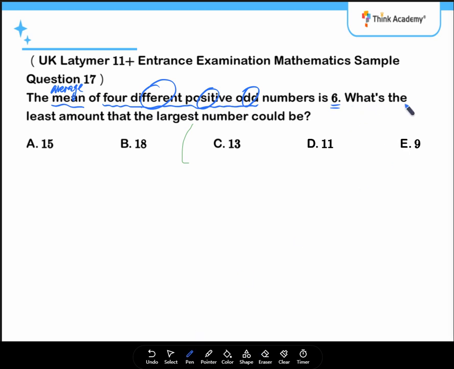So we need to take a look. What's the least amount that the largest number could be? Oh, here comes the question. Is it an extreme question, or is it an average condition? Think about it. What's the least amount that the largest number could be? 1 or 2? Type that in the chat box.